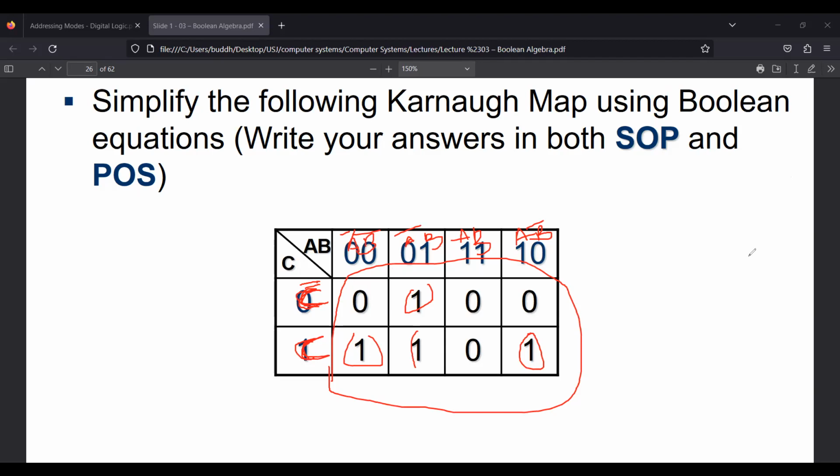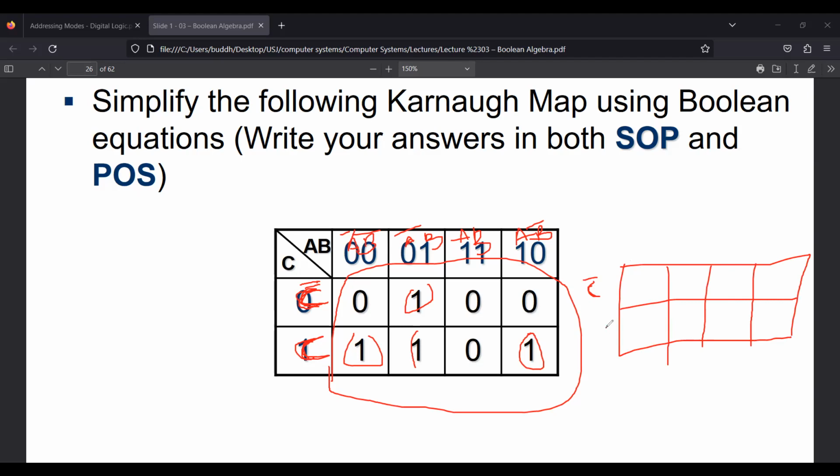It is three variables, something like this, and as represented here, C bar and C, and A bar B bar, A bar B, and so on. By this way, it is very hard to get a wrong answer. So one here, one here.